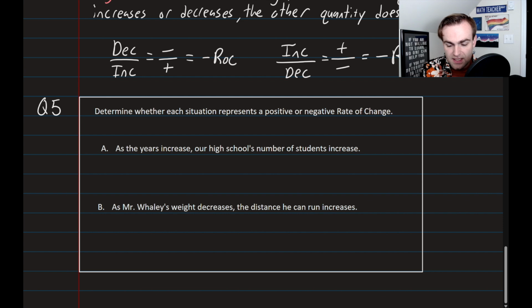As years increase, our high school's number of students increases. So our high school's number of students would be the dependent variable, and that is increasing. The years would be our independent variable, that is increasing. So you have a positive over a positive, that would be a positive rate of change.